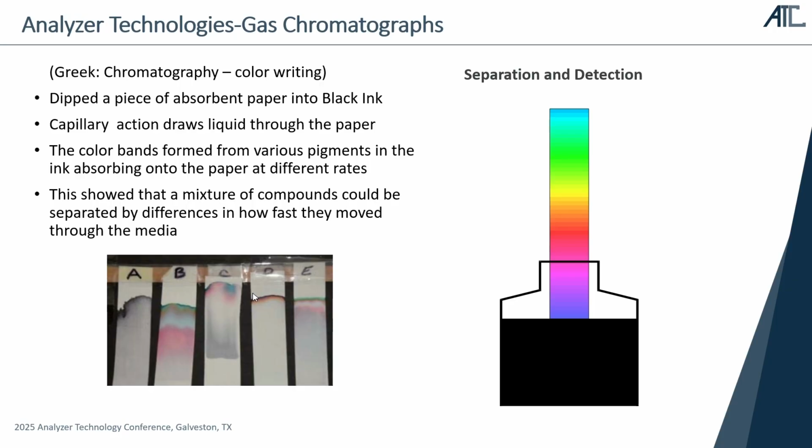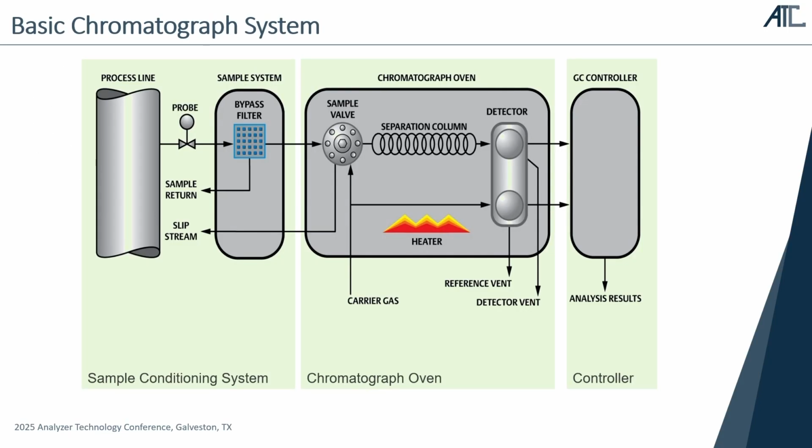So this experiment vividly shows that when a group of compounds travels through a medium, the different components can be separated depending on how fast they travel through the medium. So chromatograph works off the same principle, separation and detection. But of course, chromatograph is much more sophisticated compared with that bottle of ink experiment.